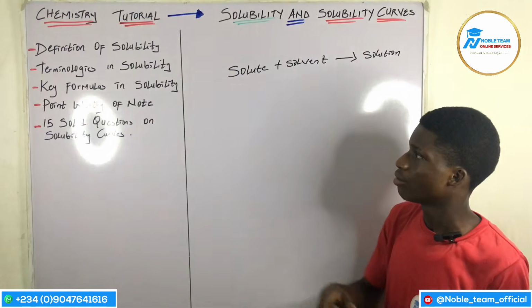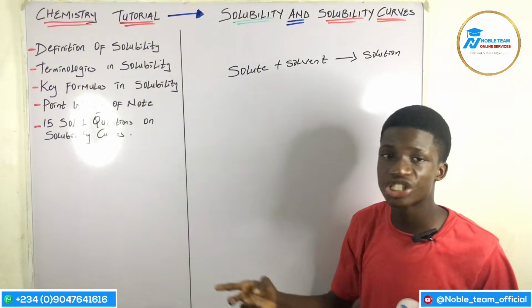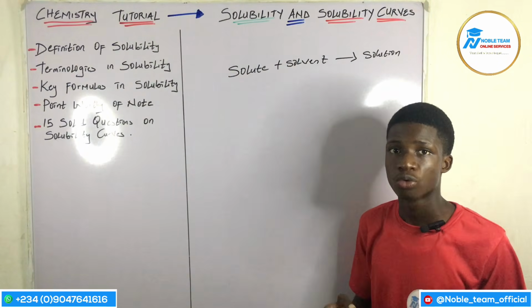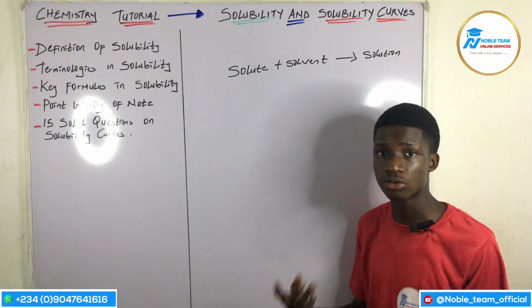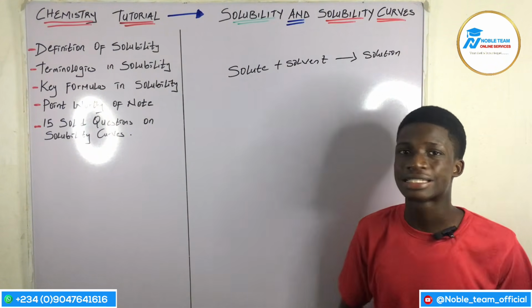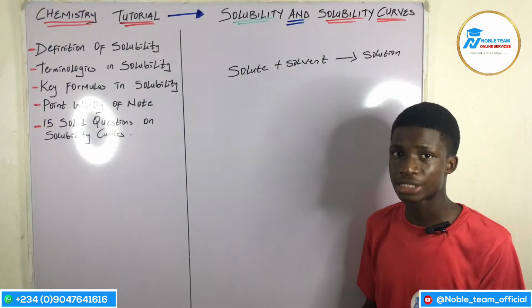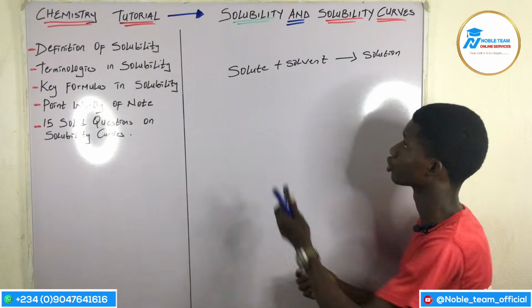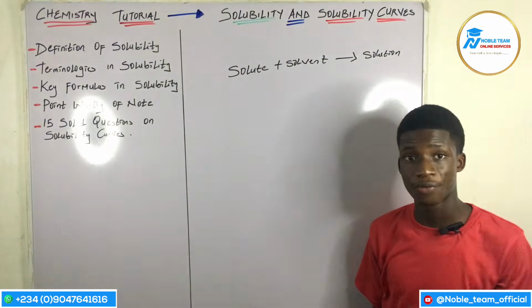Yes. And let us look into terminologies in solubility. We have terminologies you need to take note of in solubility. Do you understand? Because I'll explain what solution is. Because it's when you dissolve solute plus solvent, you have solution.